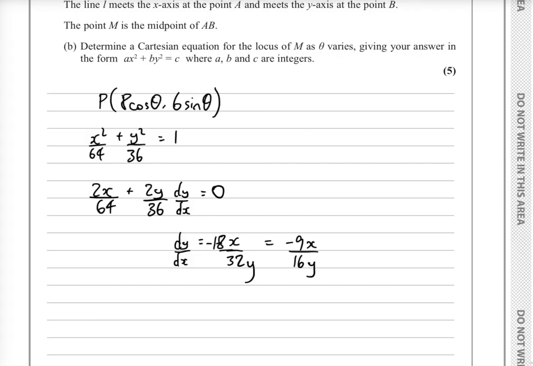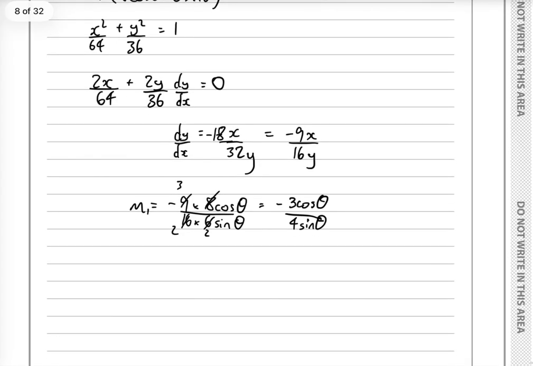Now at P, the gradient becomes minus 9 times 8 cos theta over 16 times 6 sine theta. That cancels there, that cancels there, and that gives minus 3 cos theta over 4 sine theta, but that's the tangent, so call that m1. m2, the normal, is 4 sine theta over 3 cos theta.